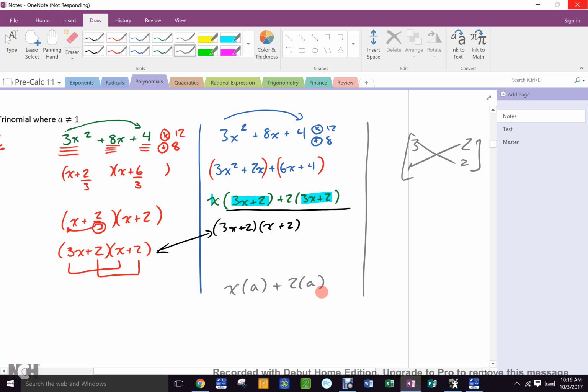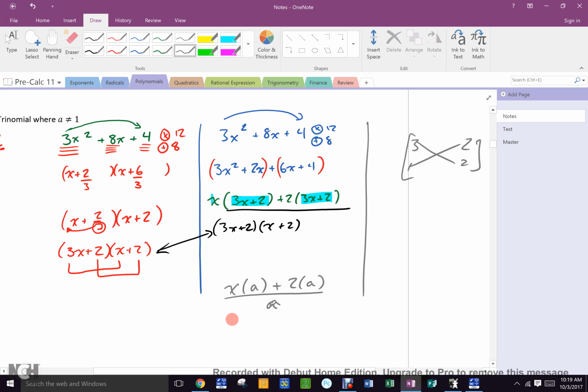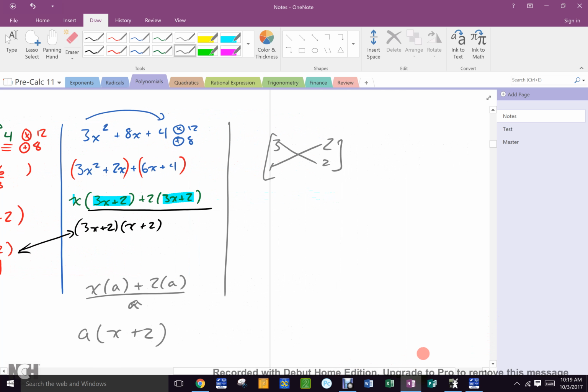The factor goes outside. So I would get a out here, and then I would put all my answers. So the a's cancel x, the a's cancel plus 2. A is just my 3x plus 2. Okay? That's something that a lot of kids don't understand.